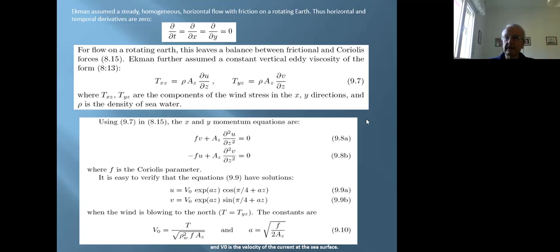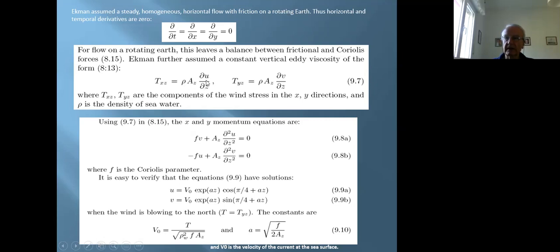So what we are left with are these two equations. All these equations of motion are reduced to these two equations with two unknowns in the x and y direction. And obviously, again, f is the Coriolis parameter, Az is the frictional constant, and du/dz, and we approximate the friction with this kind of term.